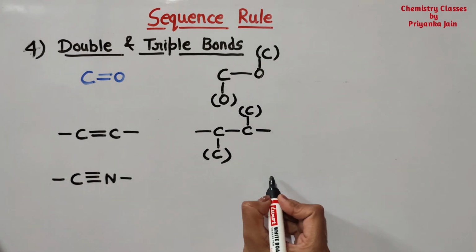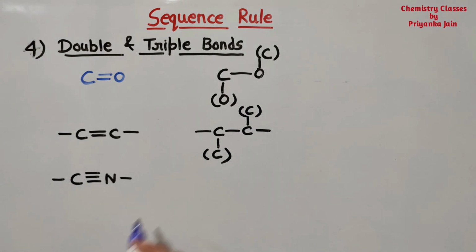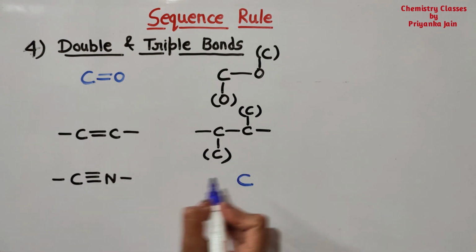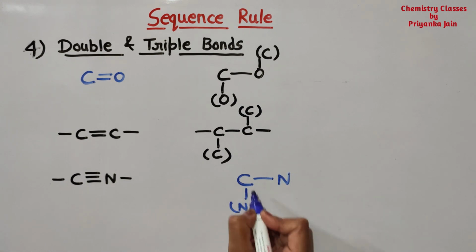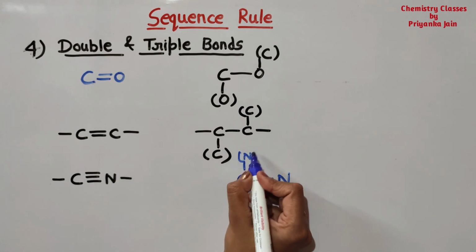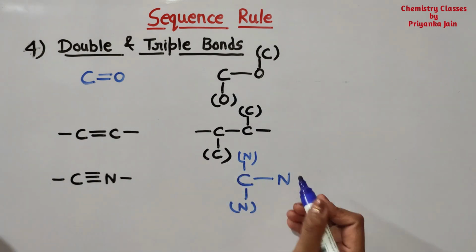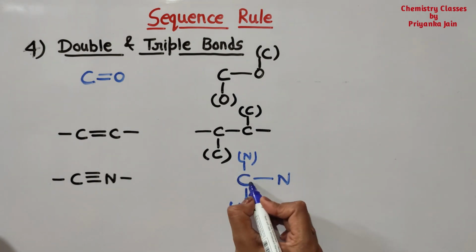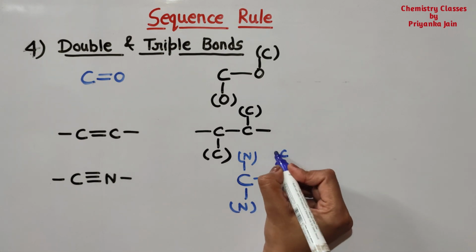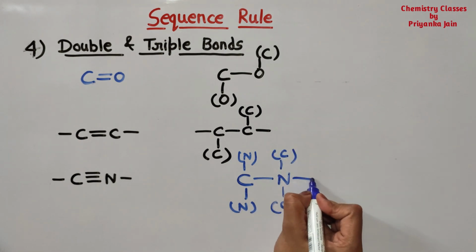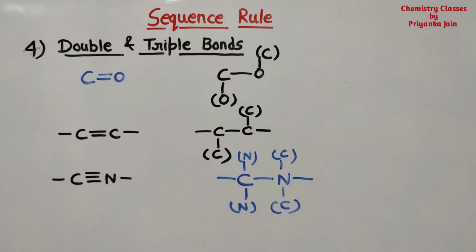So see here, what will be here? Okay, see, this is carbon. Okay, one nitrogen is this one, another is this, and third one is this one. These are assumed. Okay, similarly for this nitrogen, this is the carbon, this is another carbon, and this is the third carbon. Okay, so in this way we have to consider. We can understand this with the help of one example.